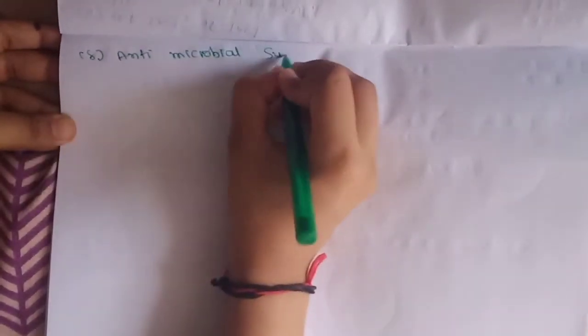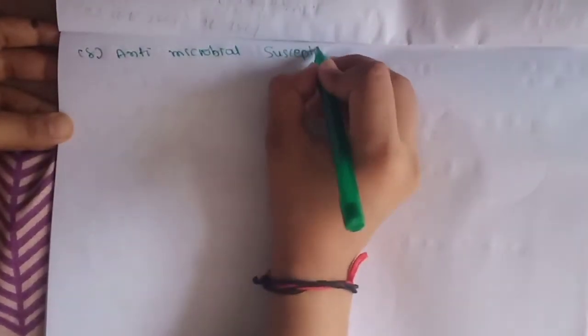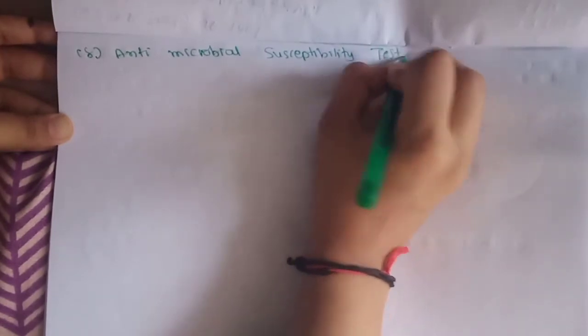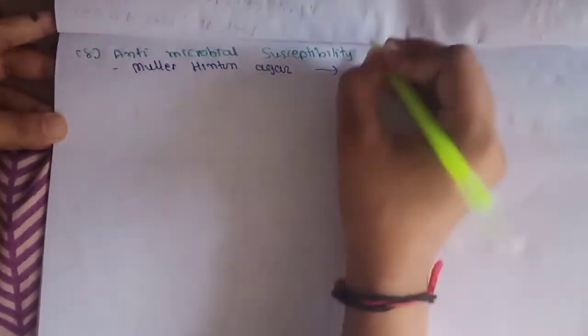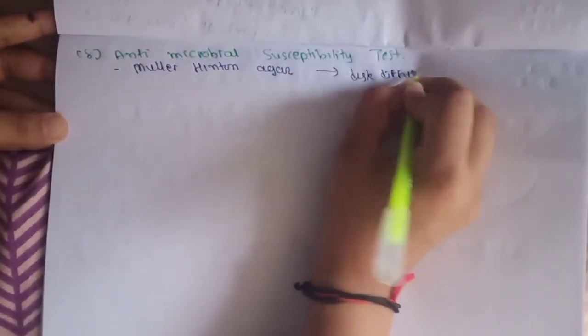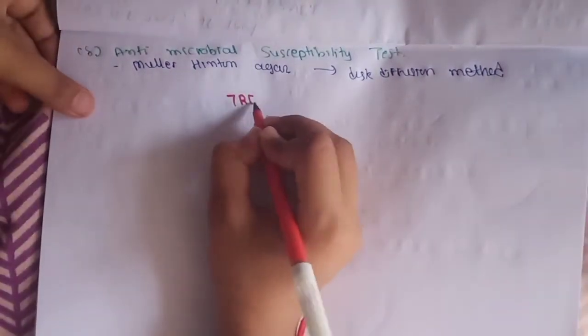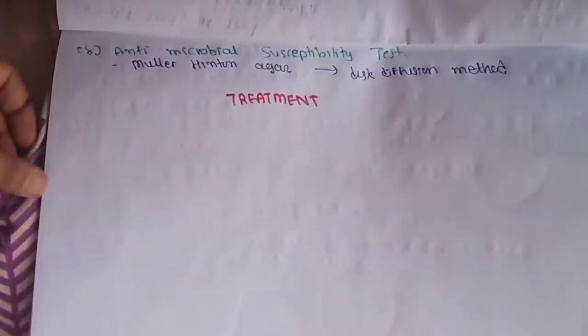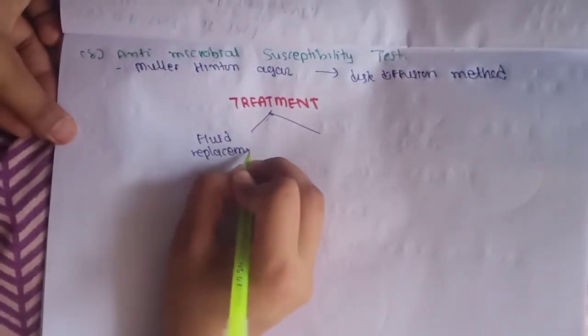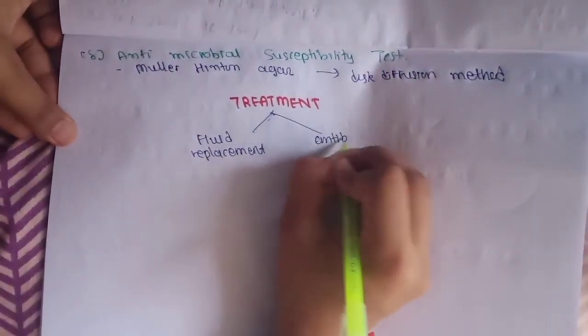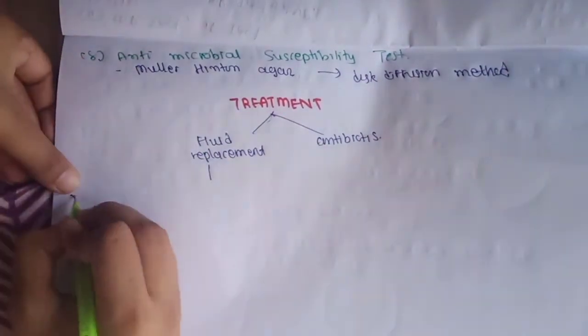Now the eighth method, antimicrobial susceptibility test. As we know, for better treatment with antibiotics, we check the sensitivity of microorganism on Mueller-Hinton agar by disc diffusion method. Now the treatment of cholera. Treatment of cholera includes two therapies, fluid replacement therapy and the antibiotics.